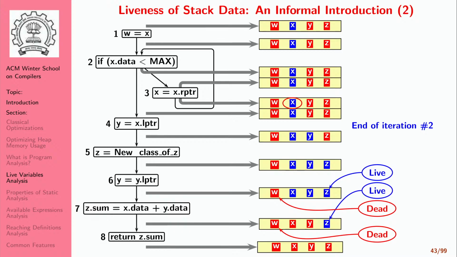And the same variable may have both an L value occurrence and an R value occurrence in the same statement, for example this one. We have an R value occurrence of Y, we have an L value occurrence of Y.